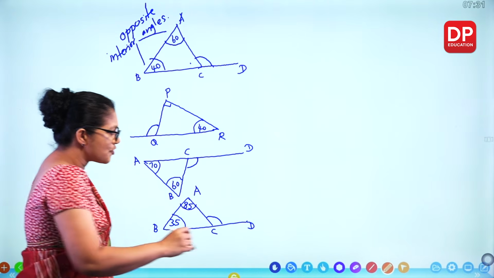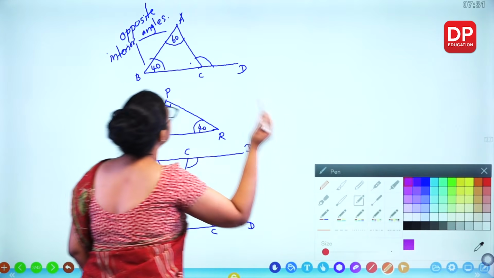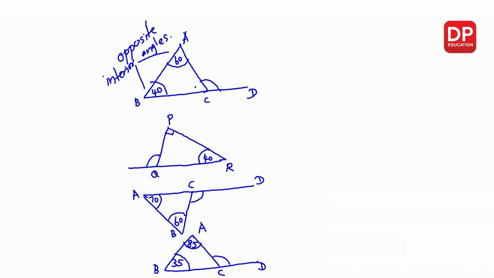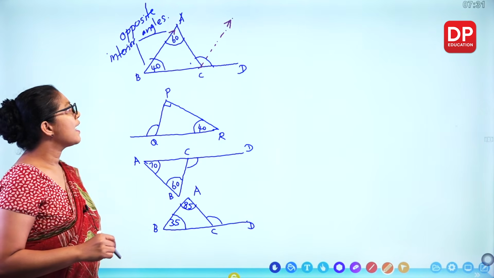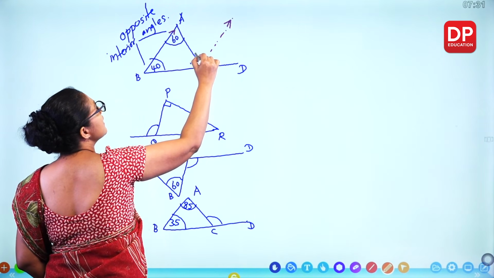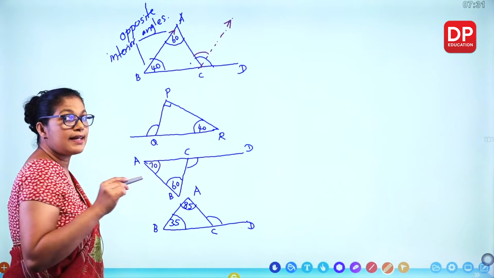Now, I'm constructing a line parallel to AB. I'm constructing a line parallel to the AB line. Then what can I say about this angle? This and this angle. Can you see the Z shape?